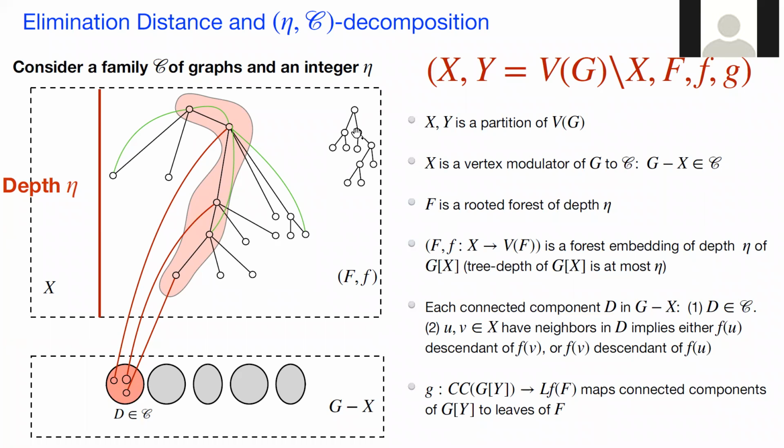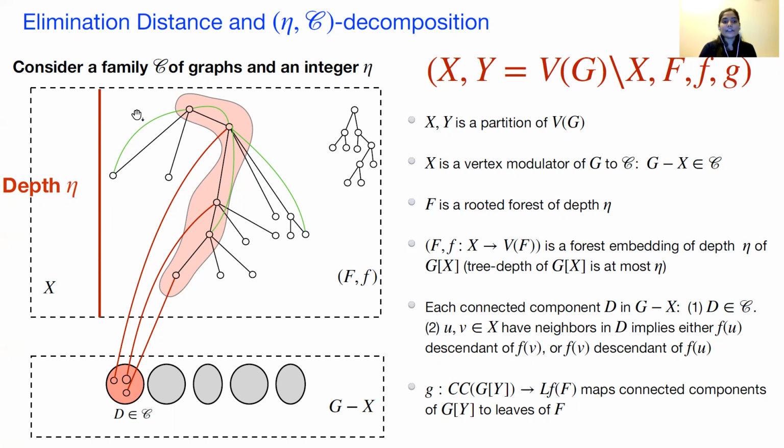Okay, so for elimination distance to graph class C, we want to obtain this kind of eta-C decomposition. So I'll repeat it again. What do we have? We have a modulator X, and for this modulator X, we also have a forest embedding, such that this forest has depth eta.